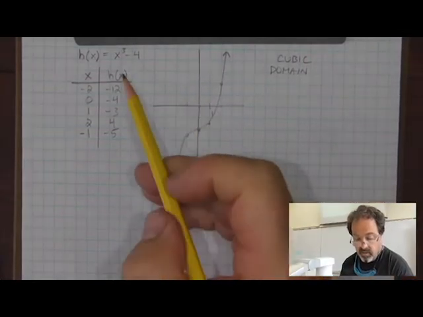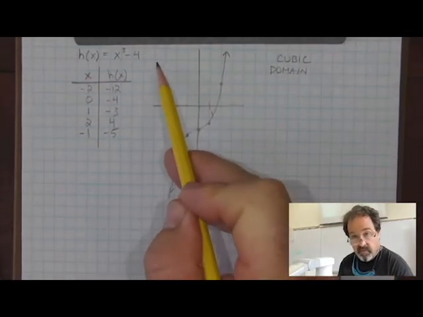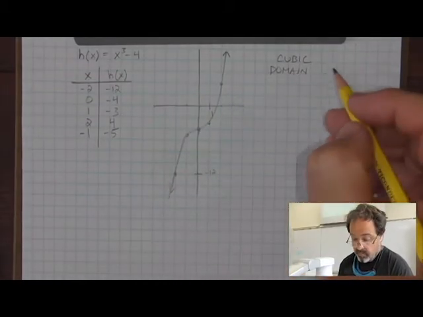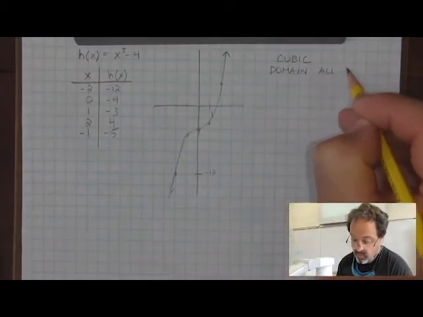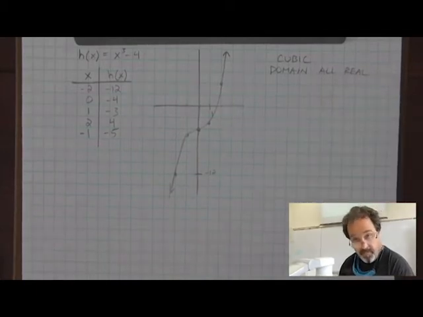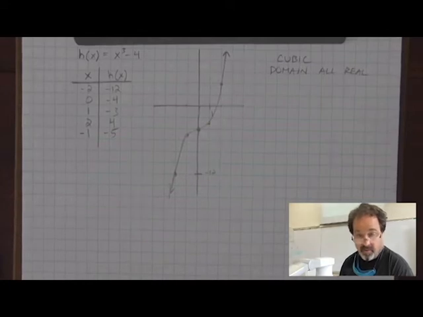What's its domain? What values can we cube and then subtract 4? Well, every real number can be cubed and then we could subtract 4. We could put any real number in, so the domain is all real numbers. There are numbers that we could say are imaginary or not real, and that is a topic for another time.